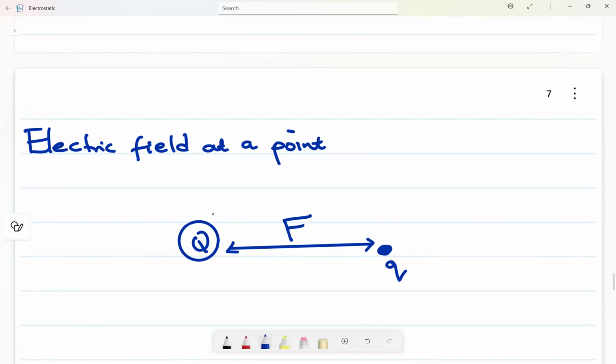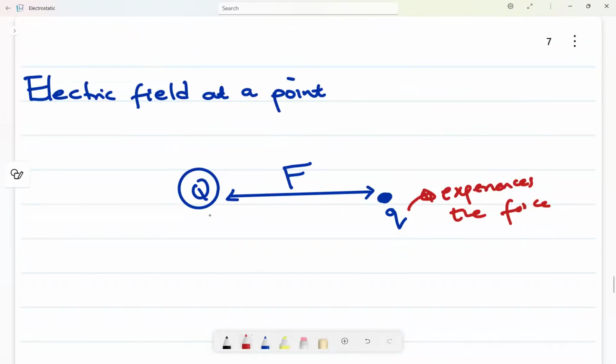But now, the electric field that this one feels: small q is the charge that experiences the force due to Q, this big Q. So it will also experience an electric field.